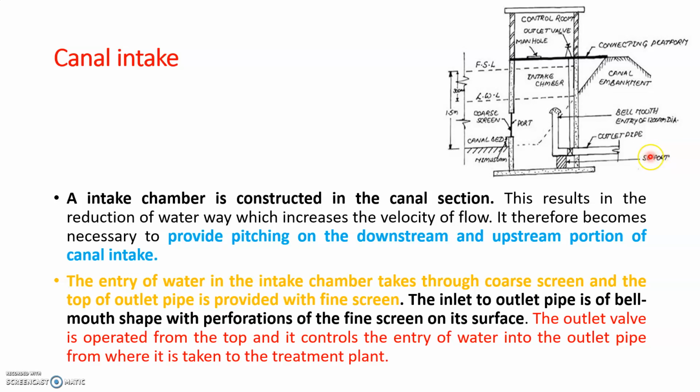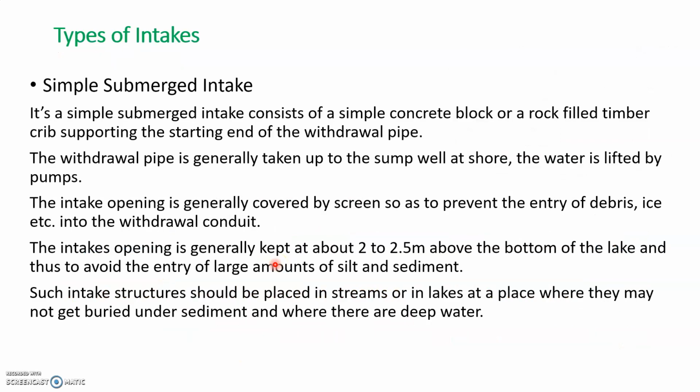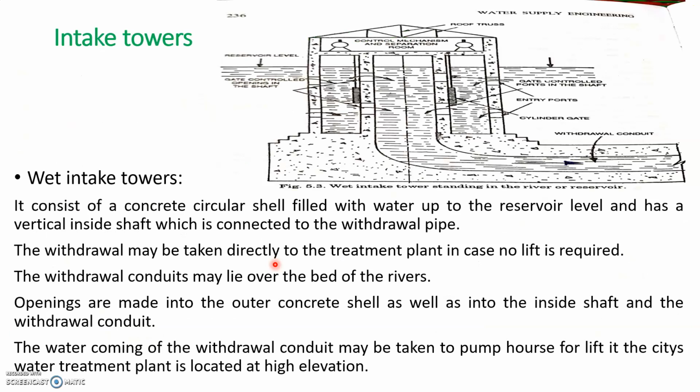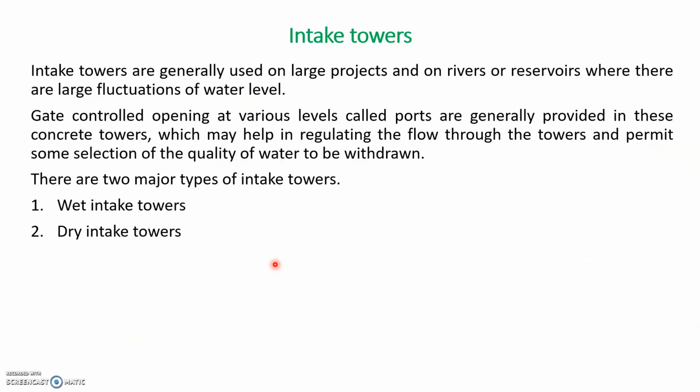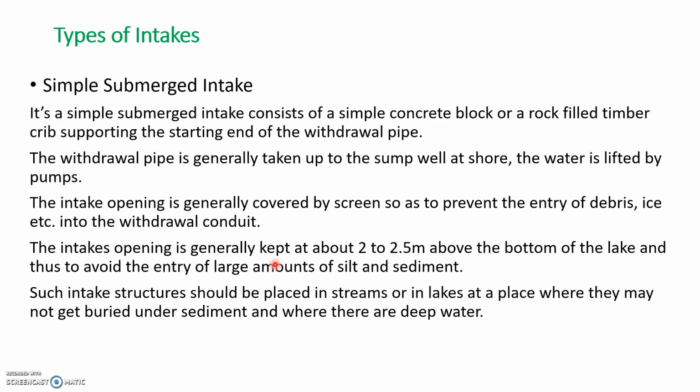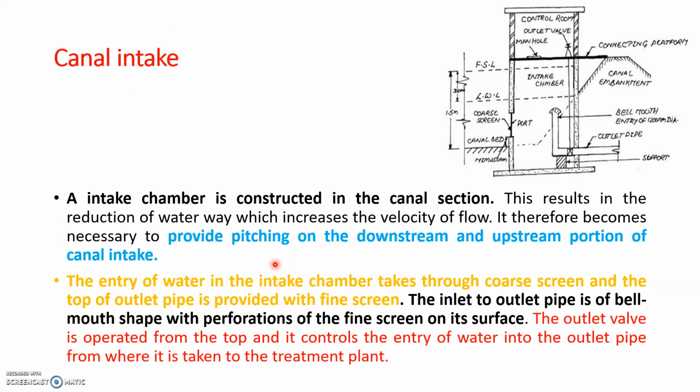Okay, so these are the 4 types, and again there are majorly 2 types. In that we have dry intake towers and wet intake towers, which I will share in the video in the second half.